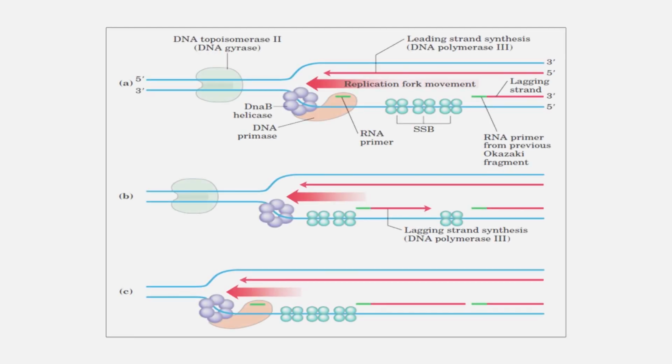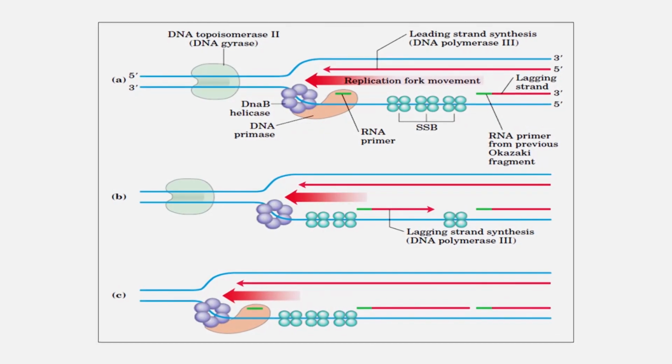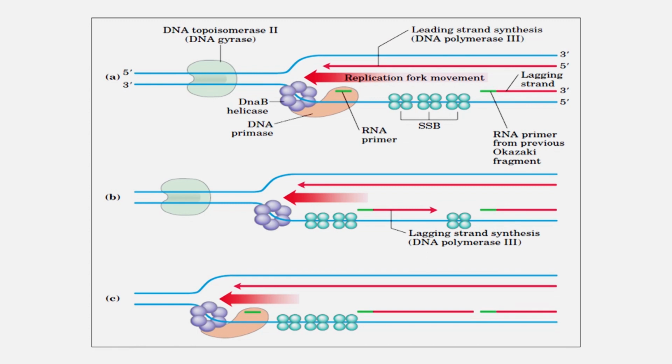See in the diagram, it is clearly mentioned that the leading strand is synthesized continuously, whereas the lagging strand is synthesized discontinuously with the help of different enzymes, that is helicase, primase, gyrase, SSB protein, DNA polymerase I and III. You can see it in the figure, that is in the elongation part.